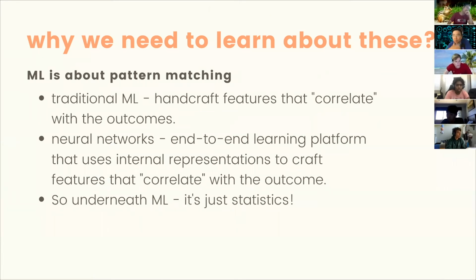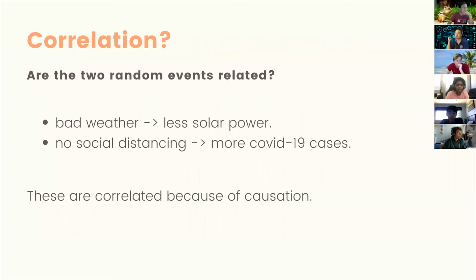Neural networks take all your inputs, okay? And inside of it, they're updating these weights so that the deeper the neural network you get, these features correlate with the outcome you want. So they're crafting those features internally, okay? That's a key difference.